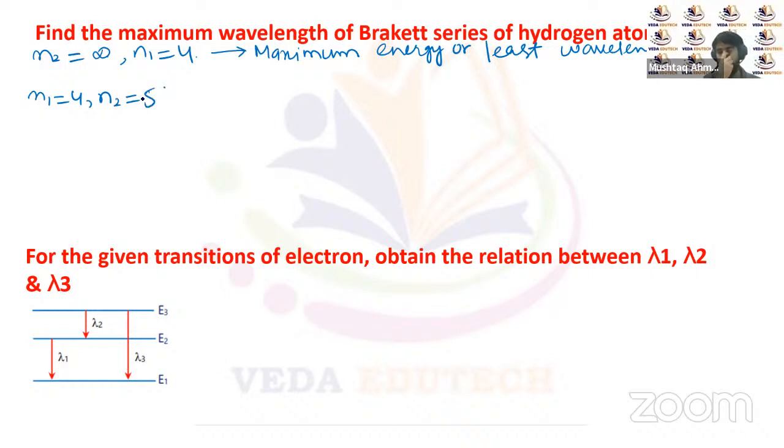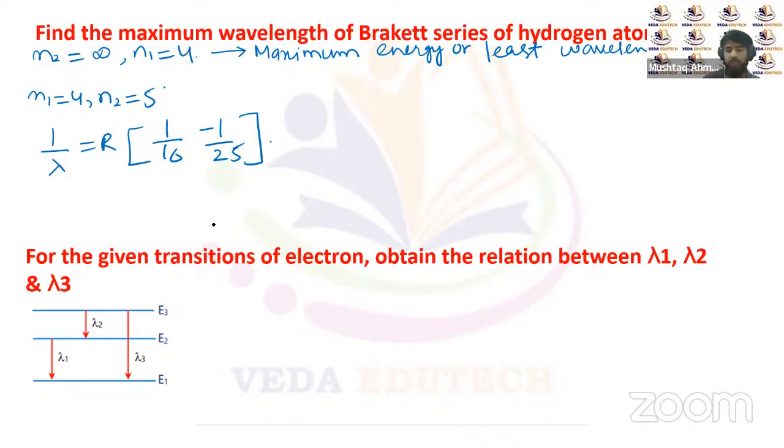So this will be the minimum energy gap, and the wavelength will be maximum. So 1 upon lambda will be equal to R times 1 upon 16 minus 1 upon 25. From here you can calculate the maximum wavelength of the Brackett series of the hydrogen atom.